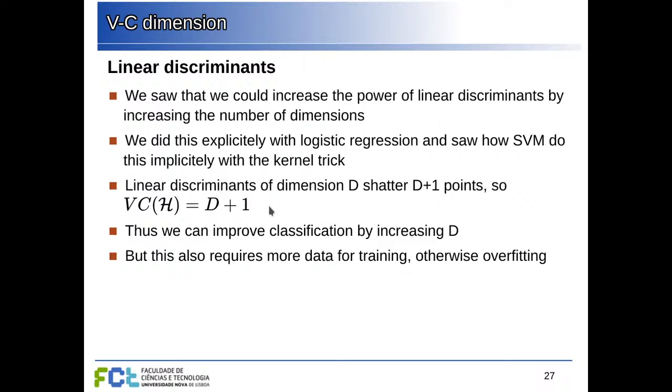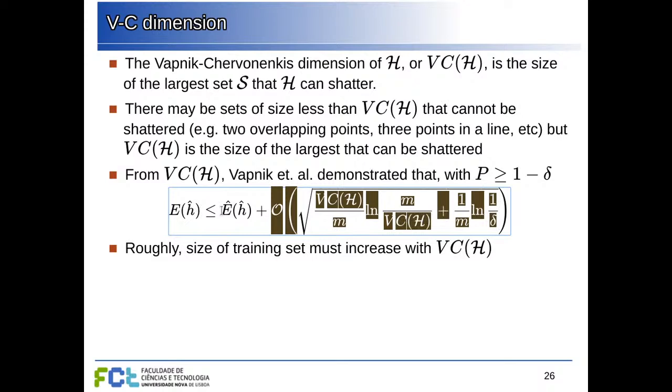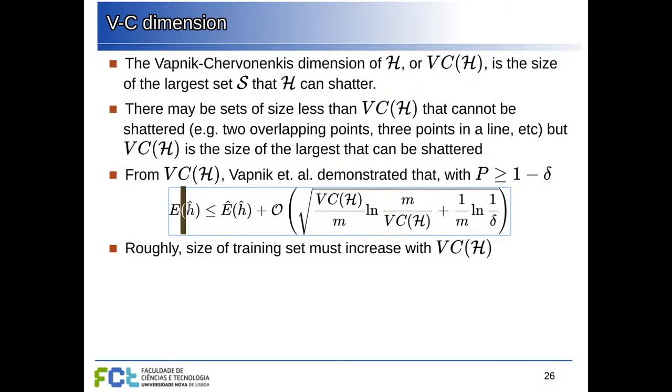If we do those nonlinear transformations, then we put the data into higher dimensions, we increase the power of the linear classifier, and we can classify the training set. However, we can get into overfitting unless we have enough data for training, because of this relation. When we start to increase the power of the classifier, if we don't have enough data in training, then this term starts to increase and we get a true error that is significantly larger than the training error.